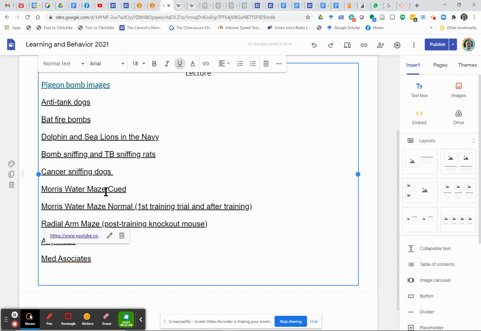Let me show you these other two because they're going to come up in a minute in the textbook. By the way, the book refers to water mazes. I'd prefer that you refer to them as the Morris water maze, because Morris is still alive and he invented the thing.